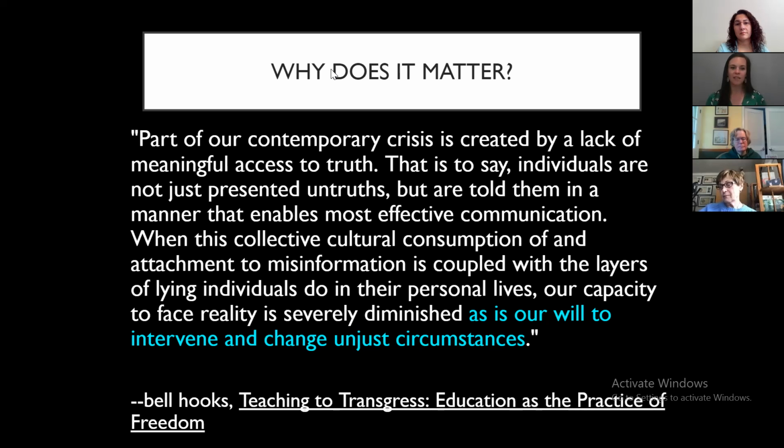How can we, as the quote says, intervene and change circumstances in our life if we deny that they're there? If we say, oh, no, there's no more racism, I don't believe what I read about racism in America, if we can just cop out like that, then we're not going to be forced to face the reality and to make changes.